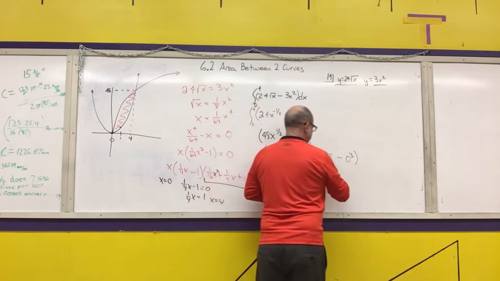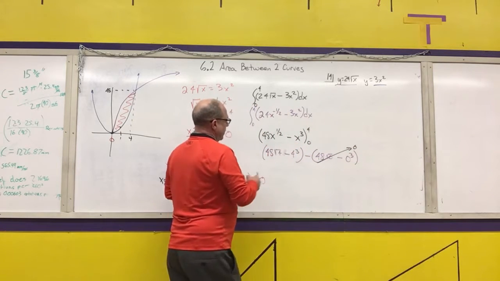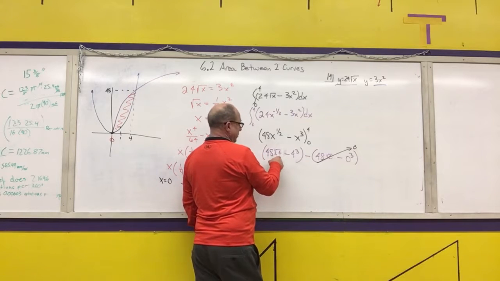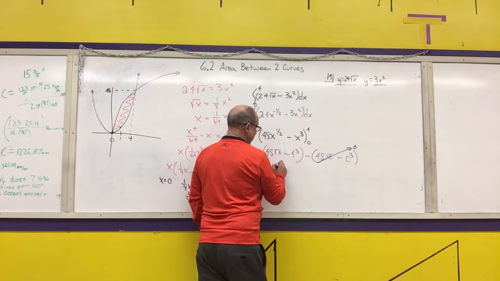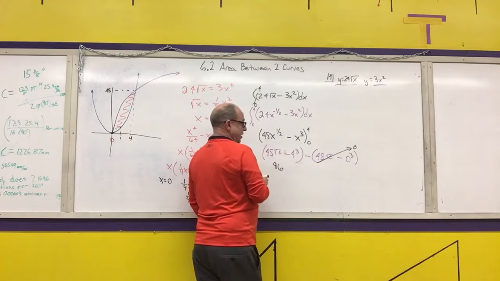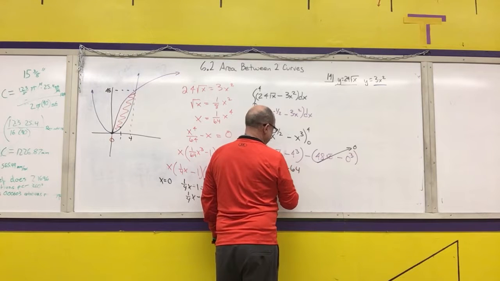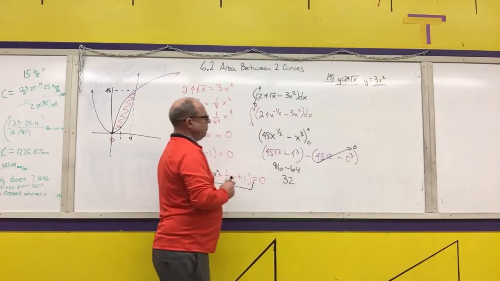This whole term is 0. I still expect you to write out that term. Square root of 4 is 2. 2 times 48 is 96. 4 cubed is 64. And final answer would be 32 units squared.